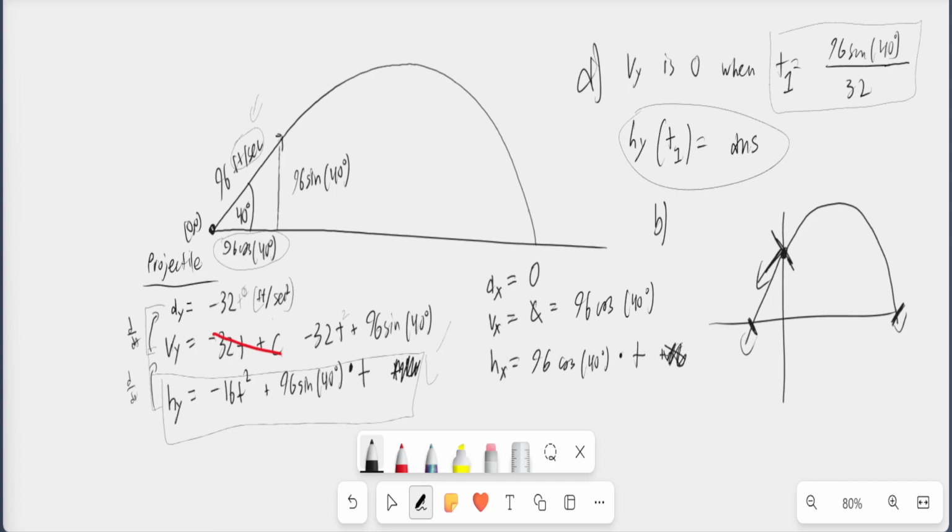D is the impact velocity. Okay, so the impact velocity, when it hits the ground, you'll know the time it hits the ground, right? So you can find our velocity x and our velocity y. And just how we took this velocity vector and turned it into an x and y component, we can do the reverse, where if we have an x and y component, we can turn that back into a velocity vector.